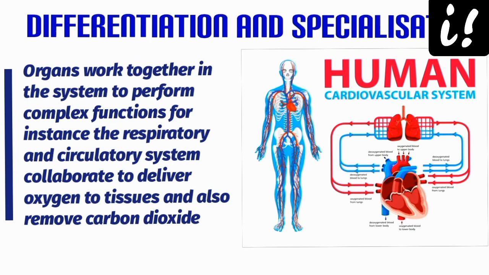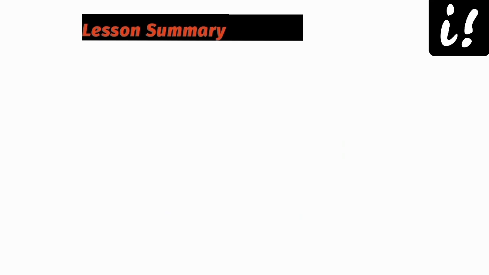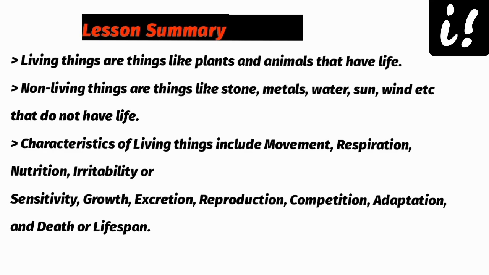Now let's look at what we have learned so far in this lesson. Lesson summary. Living things are things like plants and animals that have life. Non-living things are things like stone, metals, water, sun, wind, etc. that do not have life.